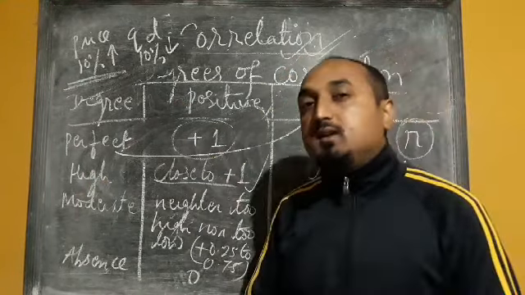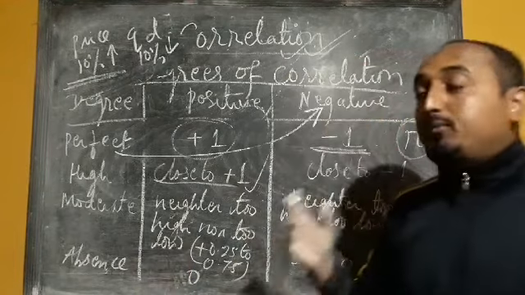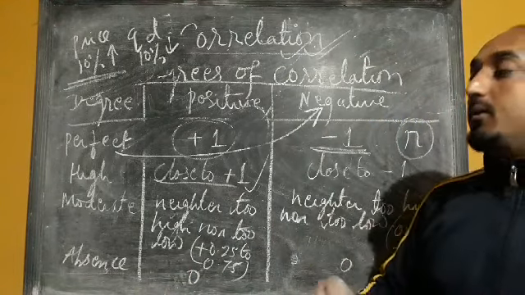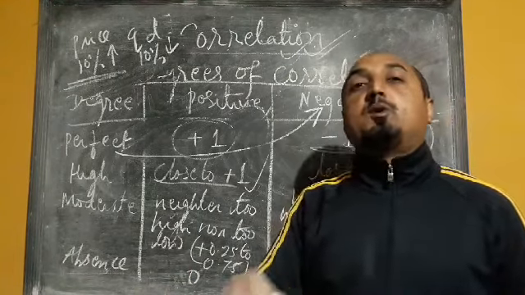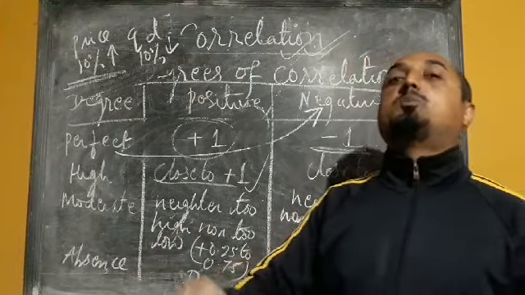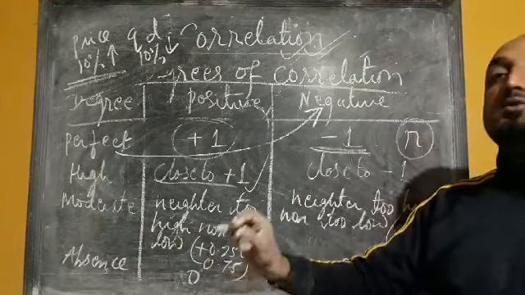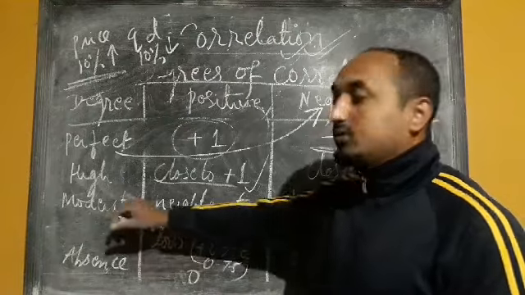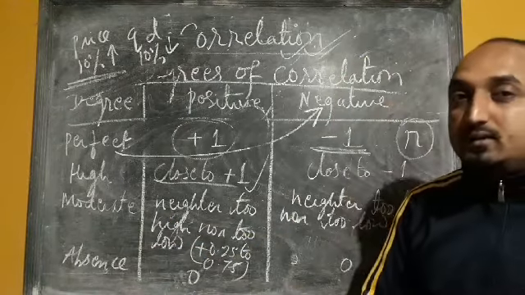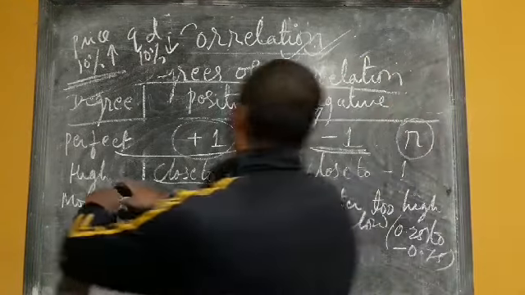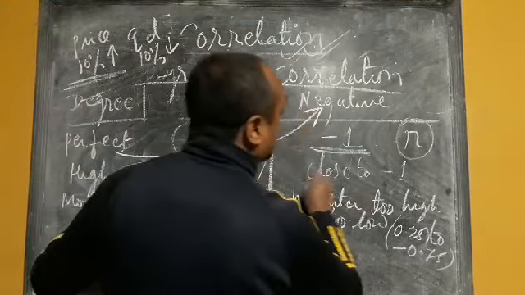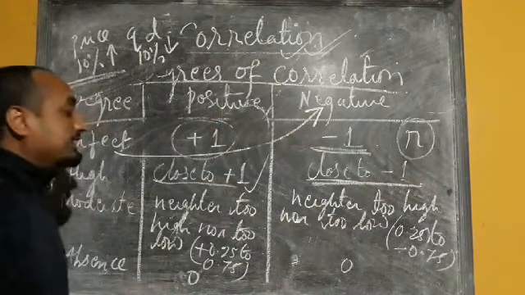But similarly, when we are calculating the value of r, and if the value of r is coming minus 0.97 or minus 0.98, if it is closer to minus 1, then we can say that there is a high negative correlation. So the value will be close to minus 1.